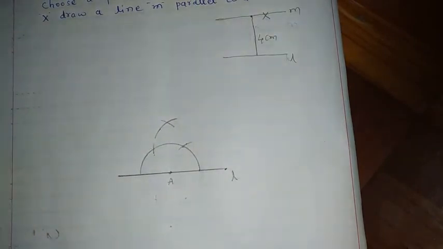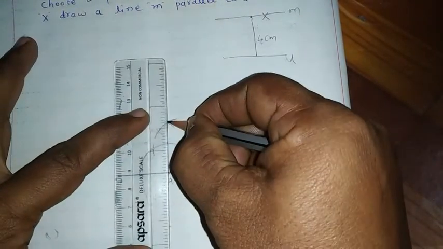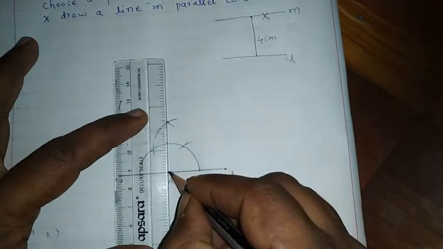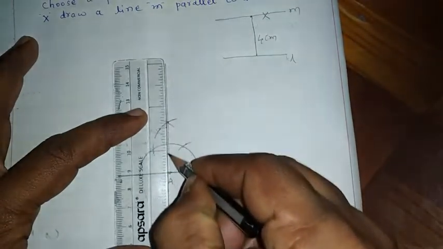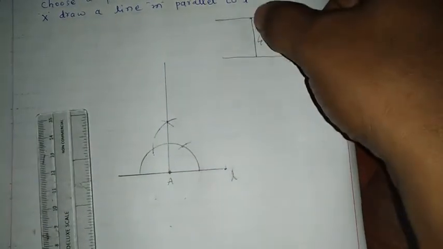Students, here we got one point now. Through this point draw one line. So it is a perpendicular line, students, like this.